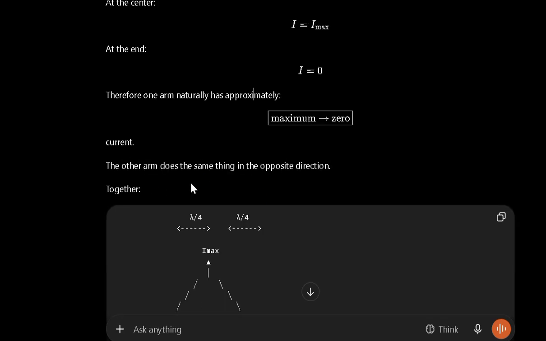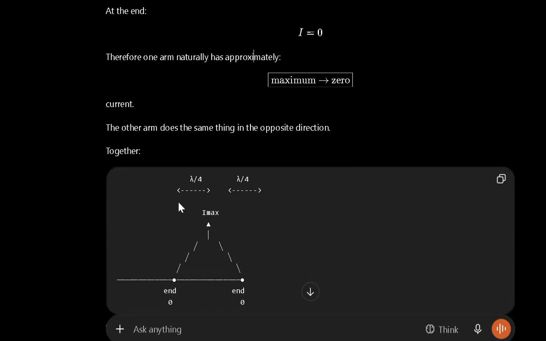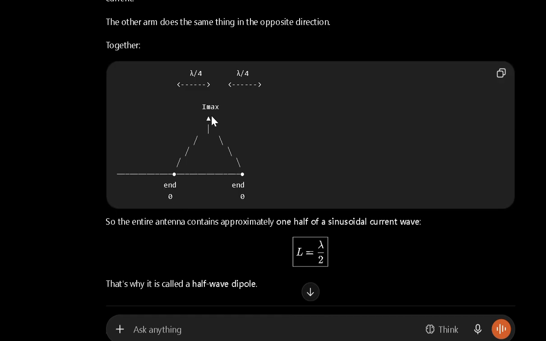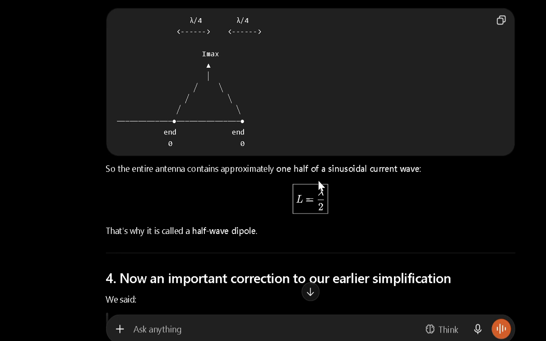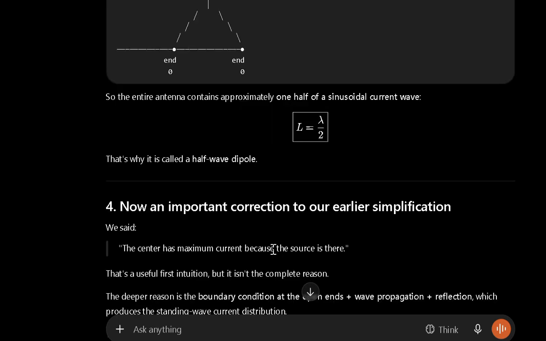The other arm does the same thing in the opposite direction. That's why you get zero current at both ends of the antenna. So the entire antenna contains approximately one half of a sinusoidal current wave. Then the total length is L equals lambda by 2. That's why it is called a half-wave dipole.